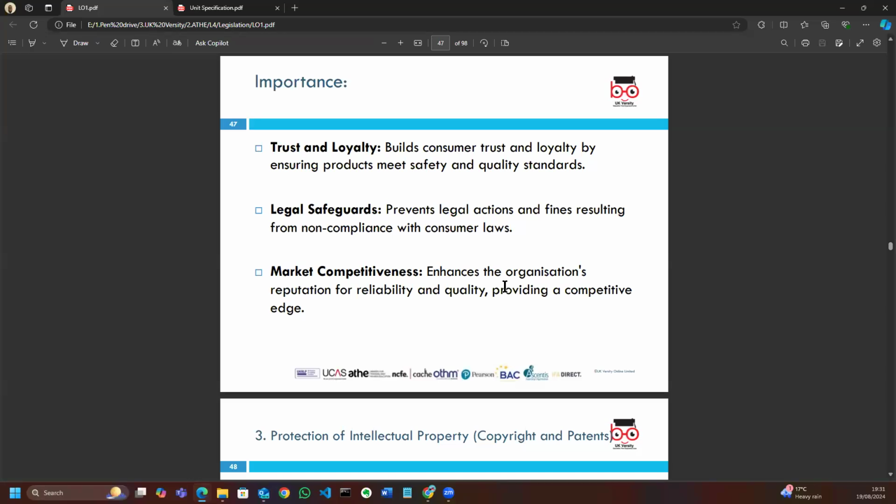Legal safeguards, where we prevent legal action and fines resulting from non-compliance with consumer laws. And finally, market competitiveness, where we enhance our organizational reputation for reliability and quality.